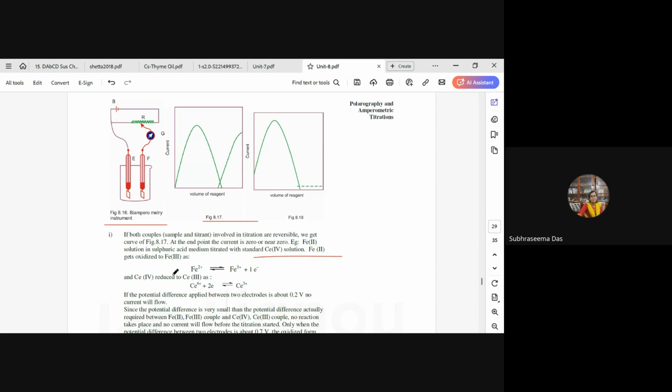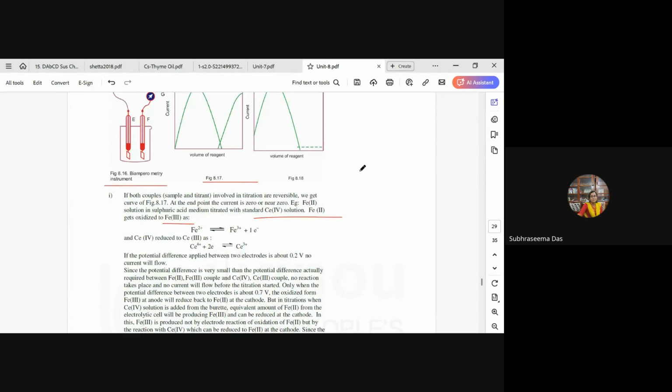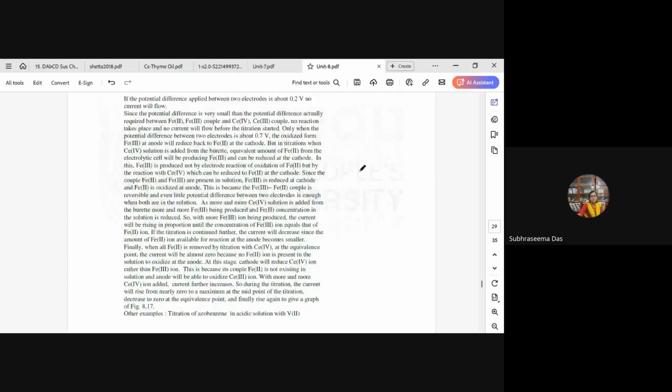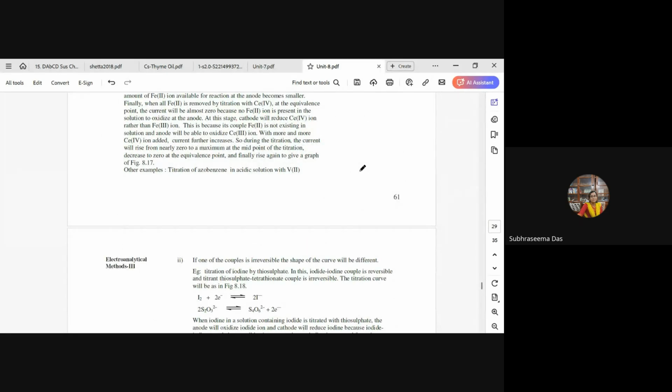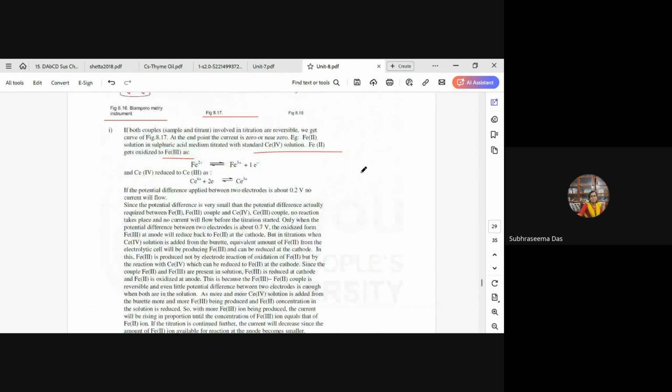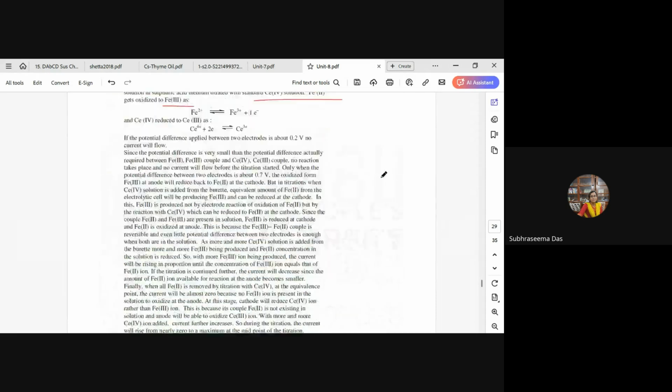solution gets oxidized to Fe3+. Since it is reversible in nature, the plot is shown in figure 8.17. Whereas if one of the couples is irreversible in nature, then the shape of the curve will be that shown in figure 8.18.